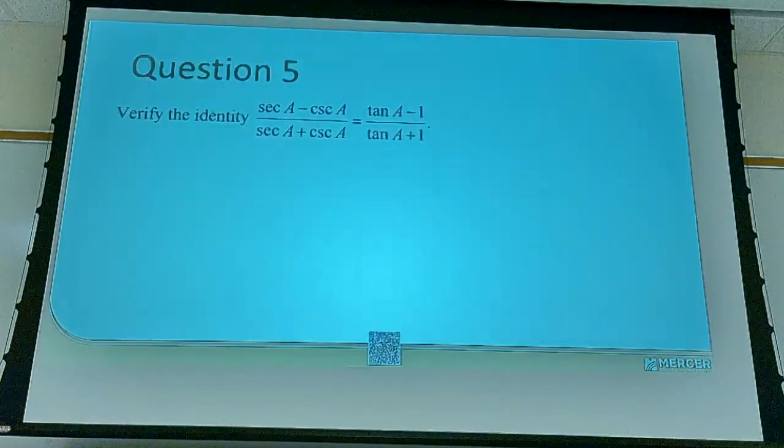Which side is easier to start with? Maybe the right one. You want to start with right? No, I don't know. You ask which one is easier.